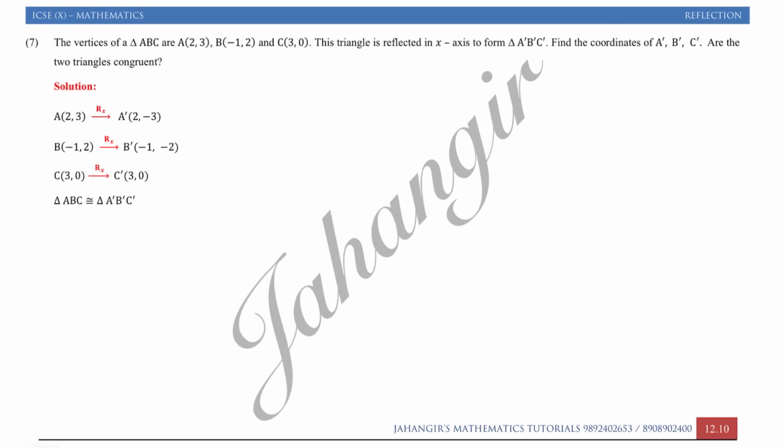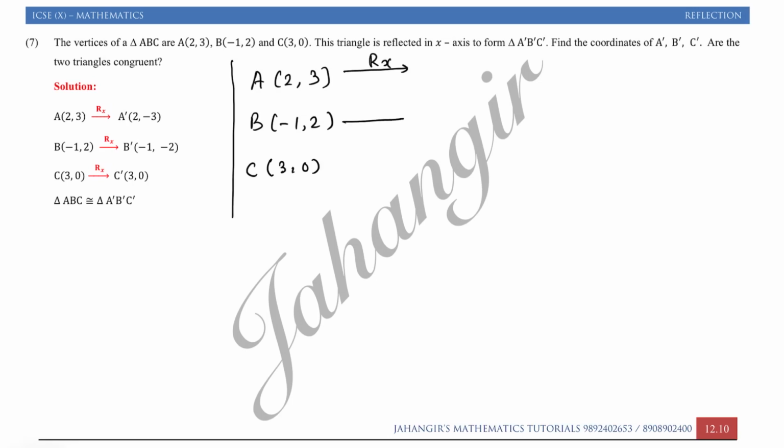Question number 7. The vertices of triangle A, B and C are given. This triangle is reflected in the x-axis to get A dash, B dash, C dash. So write down the coordinate of A dash.